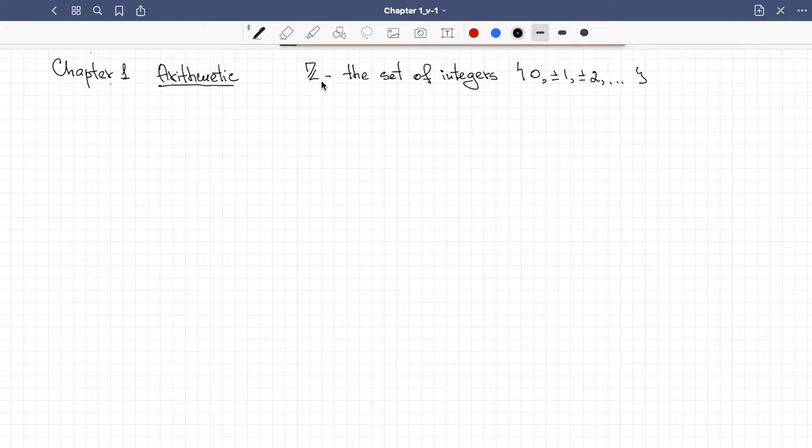We will investigate properties of Z and prove some properties at the same time, proving properties of integers. We're going to start with something, so some properties are going to be taken for granted. A natural question is whether we are really going to do all that very rigorously, and the answer is no, not in this class.